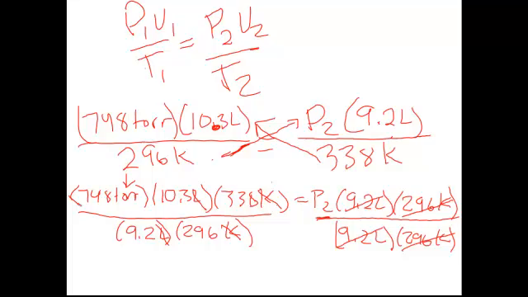And I get a final pressure equal to 956 torr. And that's my final answer. Once I've canceled everything, I know that I've done the problem correctly. Then I just have to check and make sure I've put my numbers in the calculator correctly. And that is how you use the combined gas law.